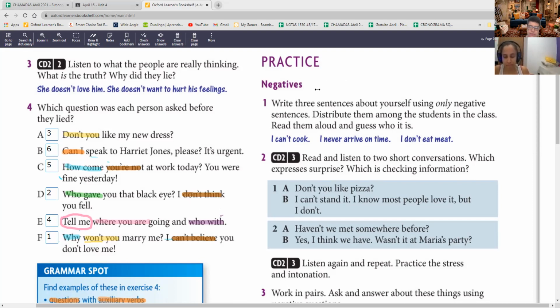Okay. All right. I wrote mine. It's right there. I don't like going out.